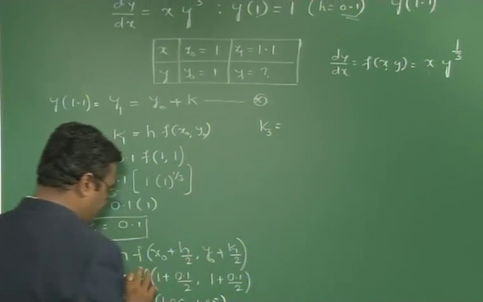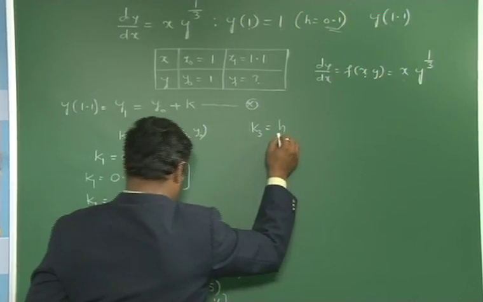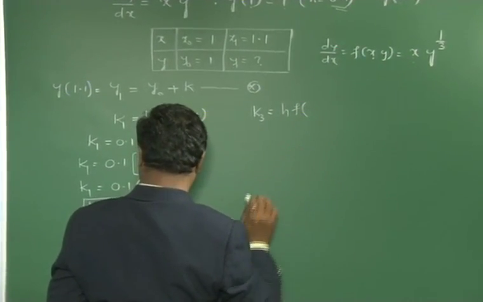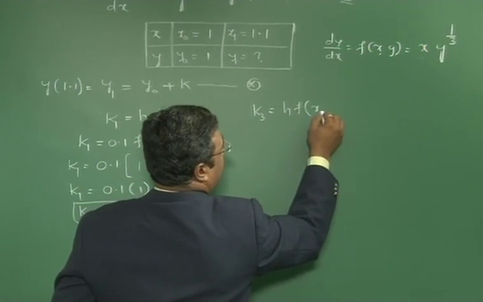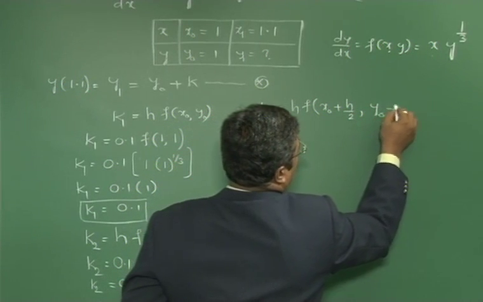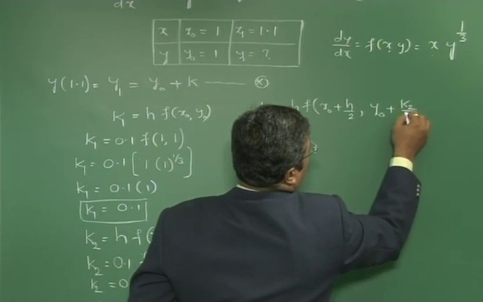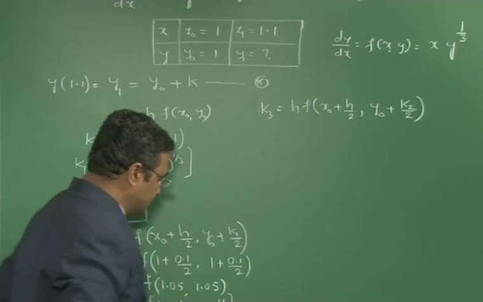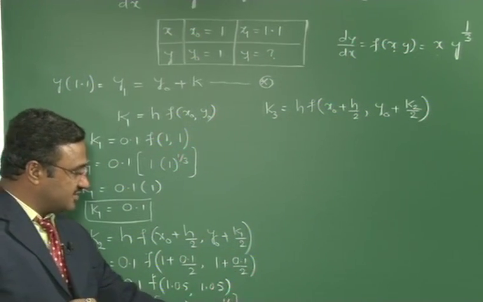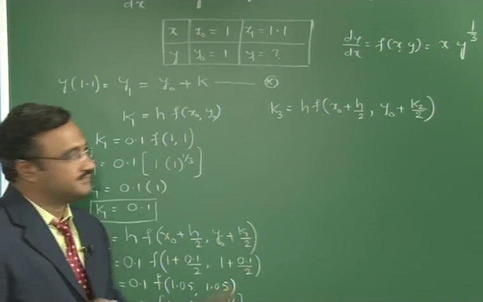Use the same formula, but in place of k1 you have to replace k2: x naught plus h by 2, comma, y naught plus k2 by 2. That means in place of 0.1 you replace 0.1067.